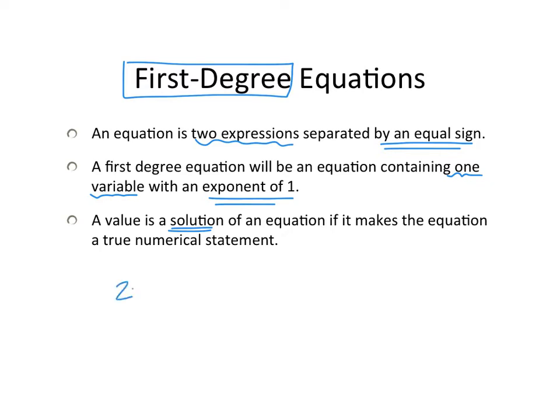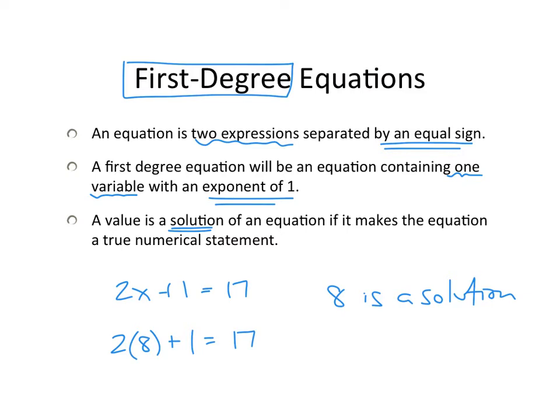So if we had 2x plus 1 equals 17, then 8 is a solution, because when we substitute that in for the variable, this is a true mathematical statement: 16 plus 1 does in fact equal 17. 17 equals 17.